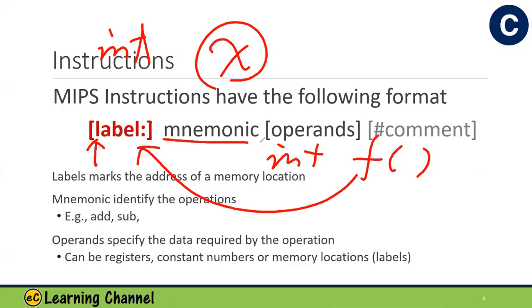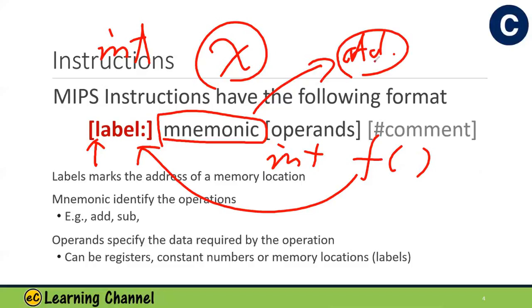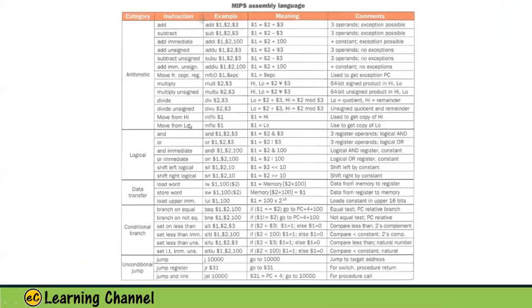Okay, and then mnemonic, this one is actually like add. Sometimes add, sometimes subtract, and you have operand, and then you have comment. Okay, so that's the instruction name. We will see this later. Okay, just remember this is the instruction format. Okay, and label sometimes comes with the memory. Sometimes you don't need it.